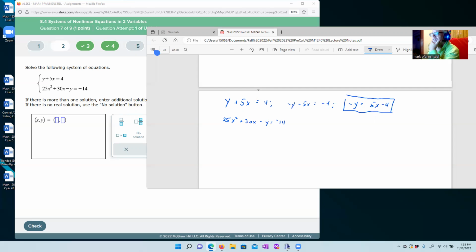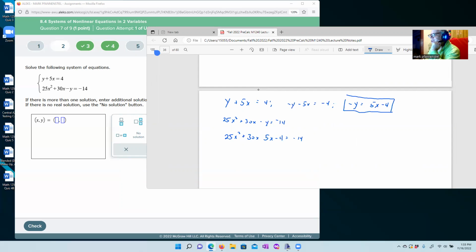Why am I substituting for negative y? Because this equation has a negative y in it, which is fine. What if I just didn't want to distribute the negative sign? So we have 25x squared plus 30x plus a negative y. Well, what's negative y? That is 5x minus 4, and this is equal to negative 14.